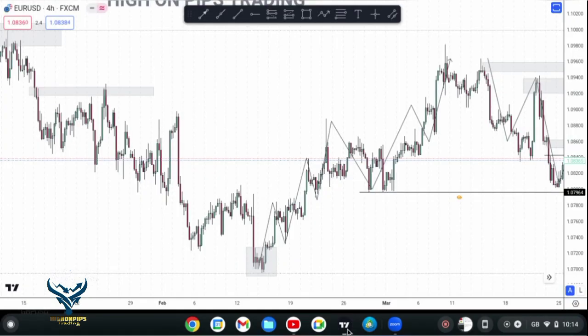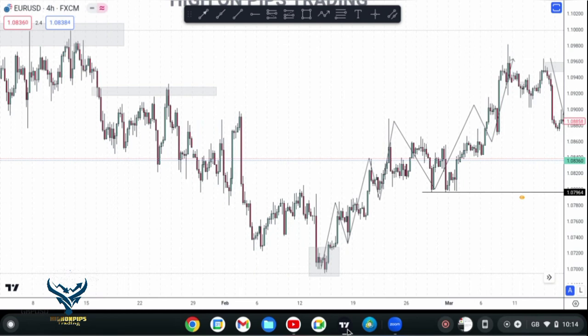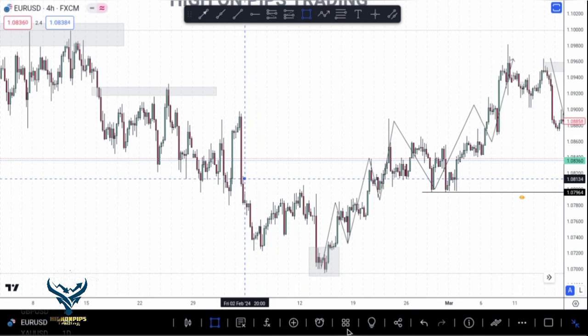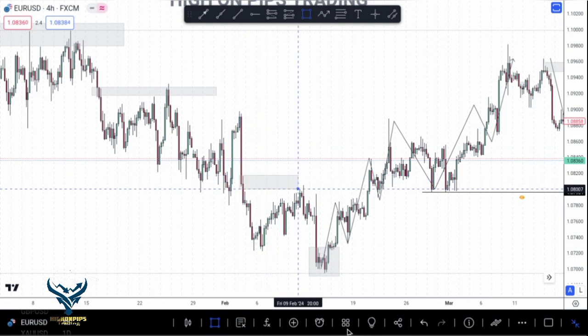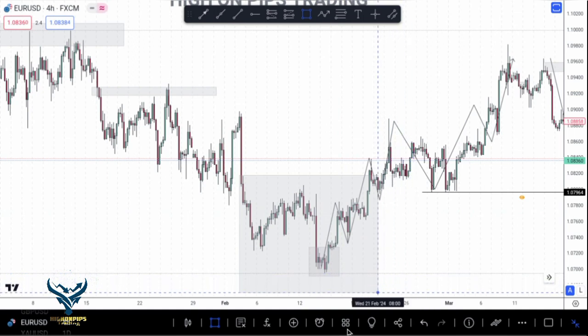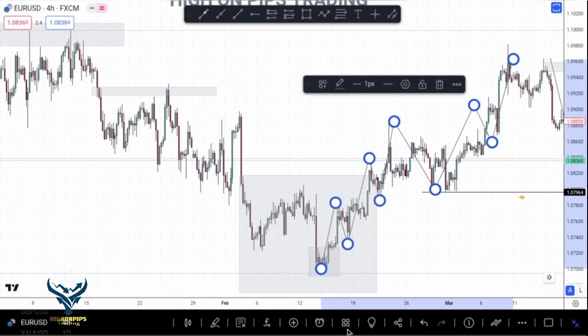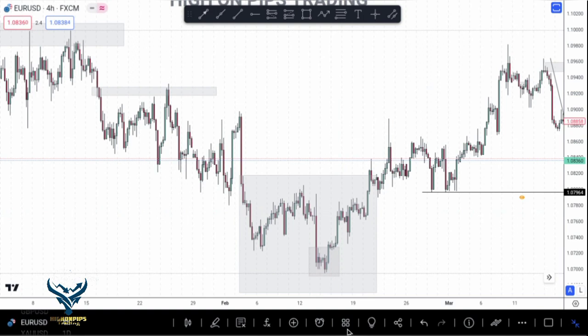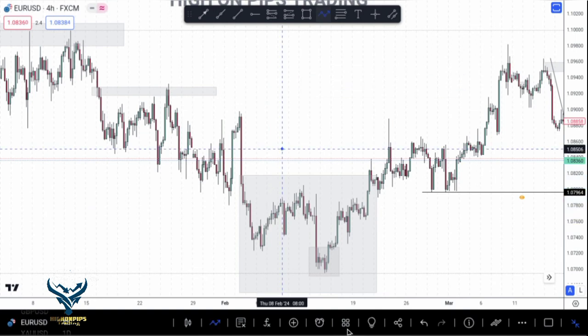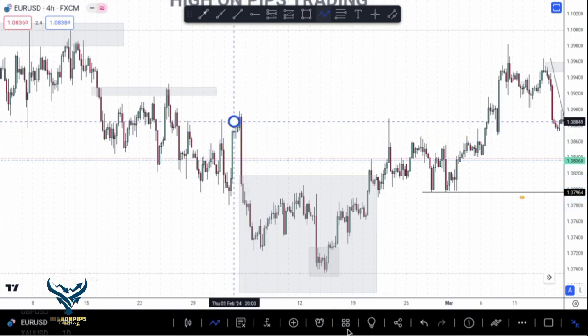Okay, now look at this. You see around this area, the market came all the way down from here. Okay, I want to do this. It came all the way down from here.